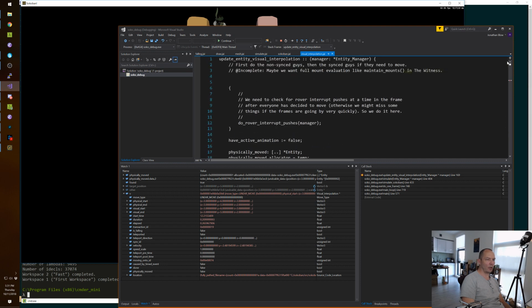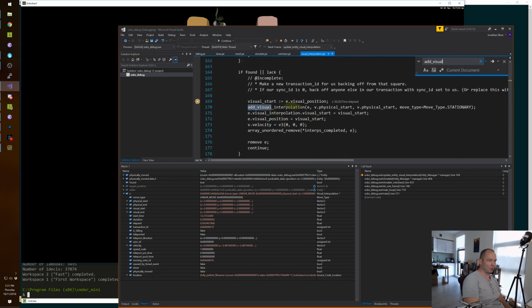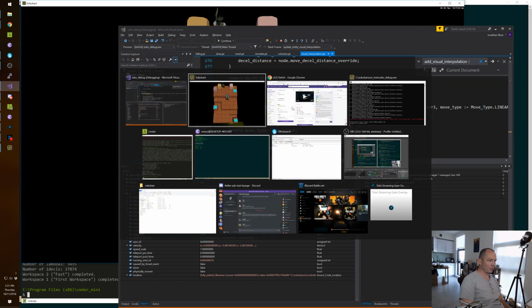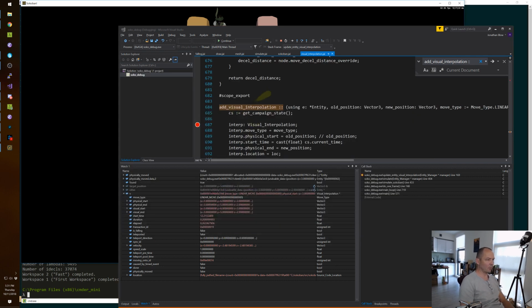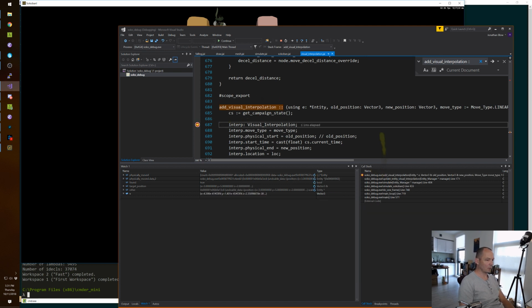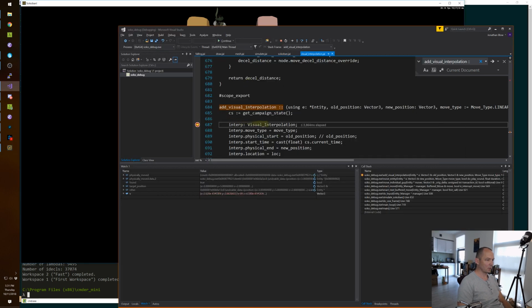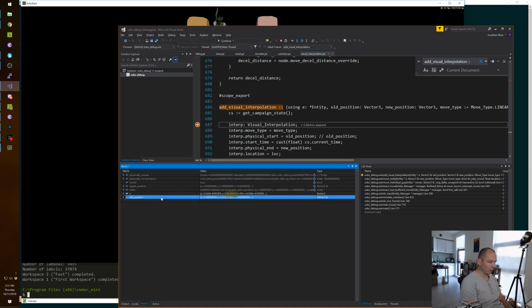Well, let's just go to add visual interpolation, like if it's that easy to make it happen. Okay. Old position, 363. New position, 353.